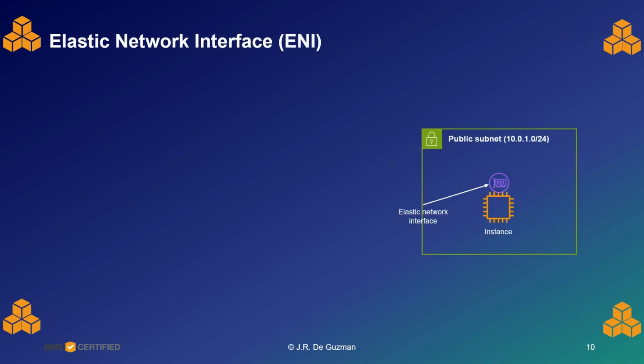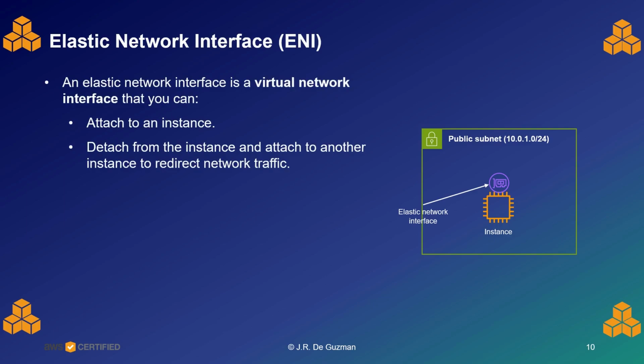Next, let's talk about the Elastic Network Interface, or ENI. An ENI is a virtual network interface that you can attach or detach from an instance in a VPC. A network interface's attributes follow it when it is reattached to another instance. So when you move a network interface from one instance to another, network traffic is redirected to the new instance.